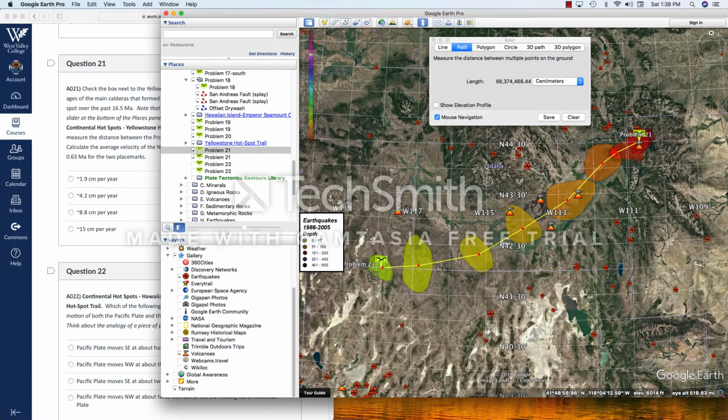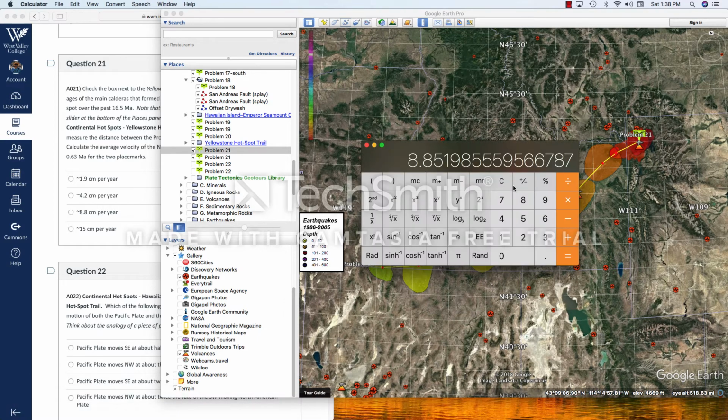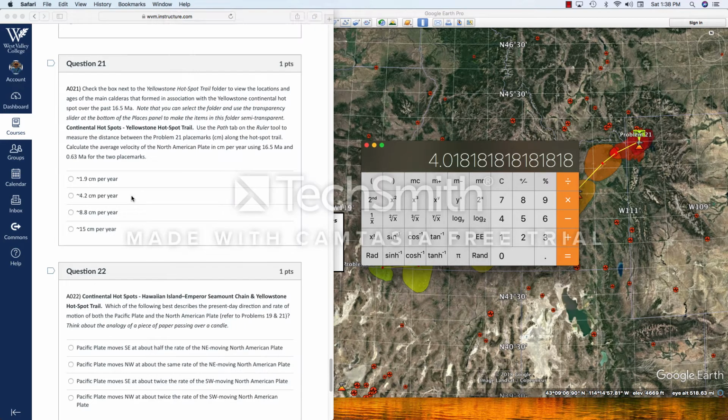And then the age is, they want us to use an age of 16.5 million years. So in this case, we take those 66.3 million and we're going to divide that by 16,500,000. And we get 4 centimeters per year. Well, there it is, 4.2.